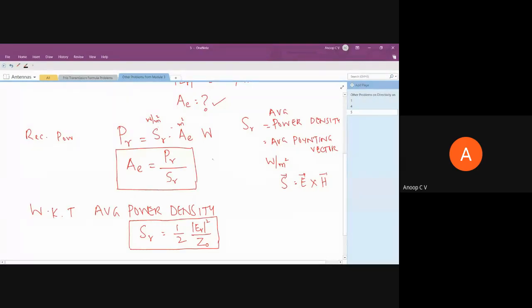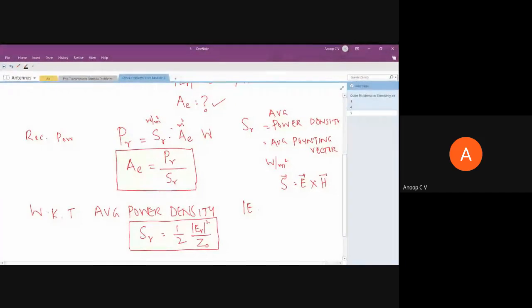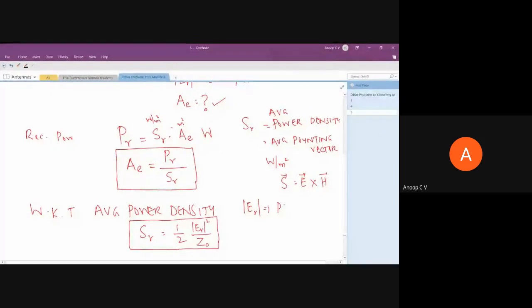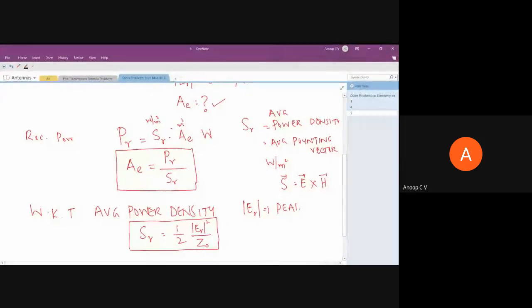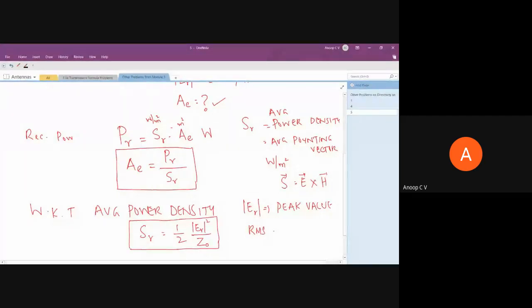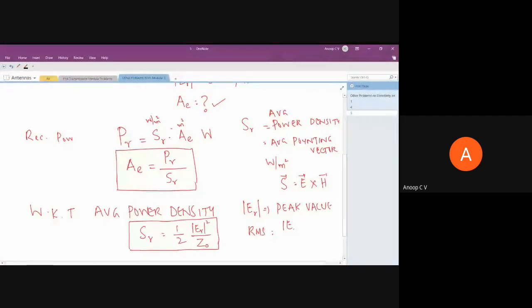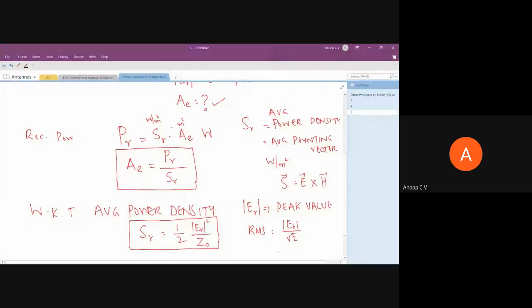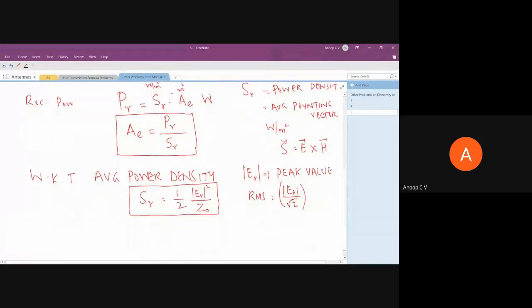The mod of ER which is given is the peak value, so the RMS value will be mod of ER by root 2. Power is the RMS value of voltage square by impedance, so that's why this 1 by 2 comes here.